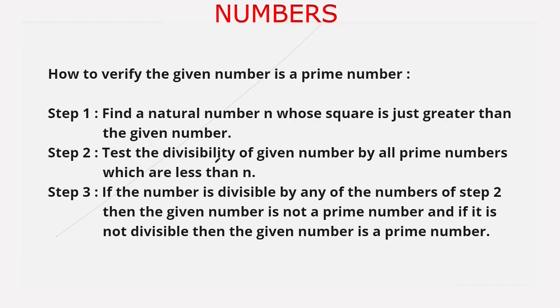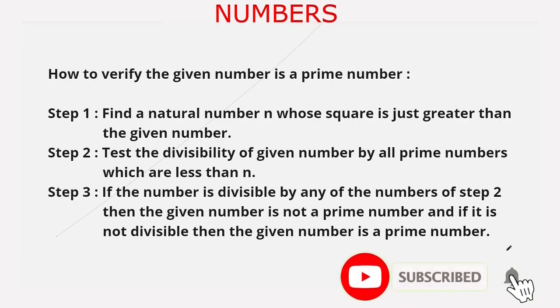Test the divisibility of the given number by all prime numbers which are less than n. Step 3. If the number is divisible by any of the numbers of step 2, then the given number is not a prime number. And if it is not divisible, then the given number is a prime number.